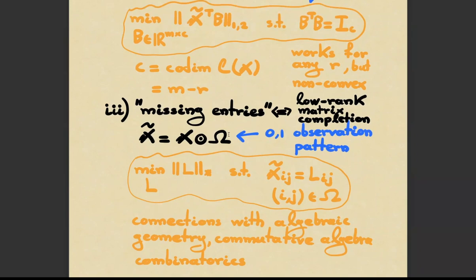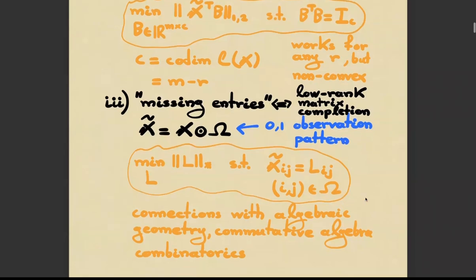A synonym of robust principal component analysis with robustness to missing entries is low rank matrix completion. It's exactly this problem: we have a partially observed rank R matrix and we want to complete it. Here's a convex optimization problem that has been considered in the literature. I want to find a low rank matrix L that agrees with the observed matrix at the observed entries.